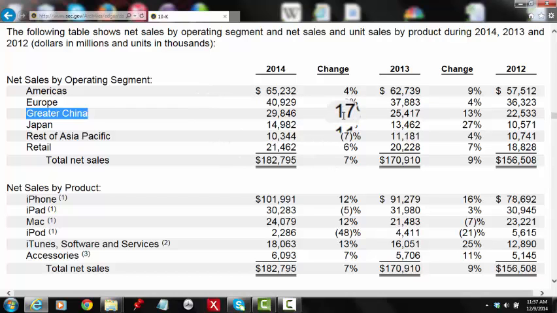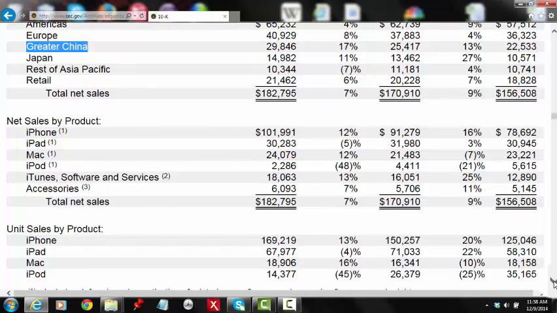And so that was the biggest. And then Japan also grew a lot, 27% in 2013 and 11%. So basically China and Japan are contributing a lot to Apple's success. Then the product. Out of $182.8 billion, iPhone generated more than $100 billion.